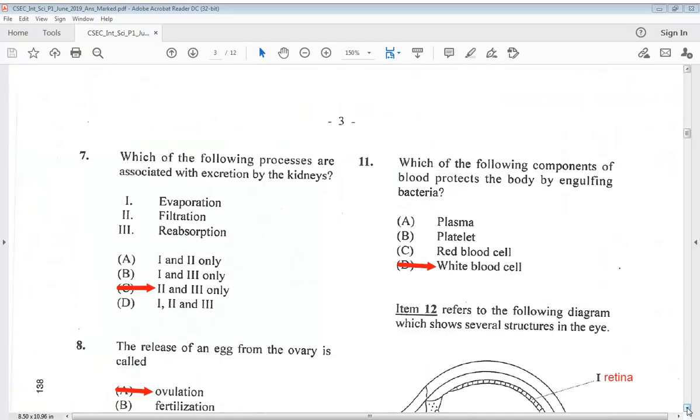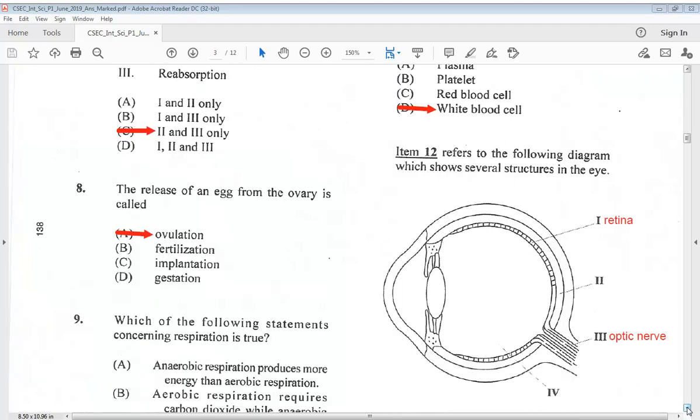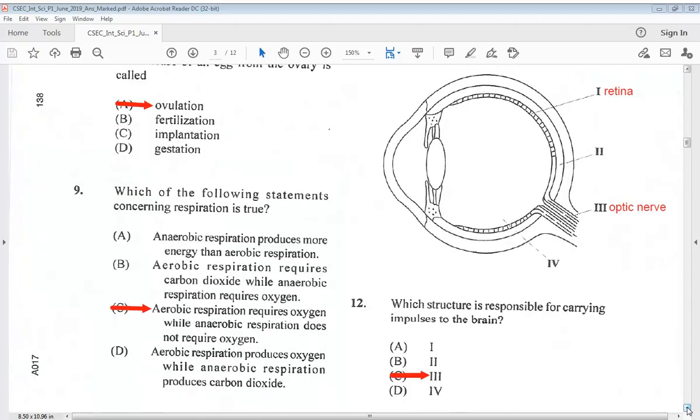7. Which of the following processes are associated with excretion by the kidneys? 1. Evaporation. 2. Filtration. 3. Reabsorption. So the answer is C, 2 and 3 only. 8. The release of an egg from the ovary is called... we know the answer is A, ovulation. 9.